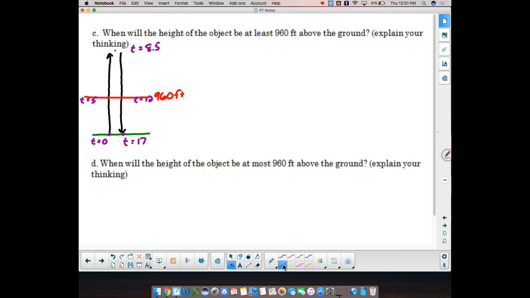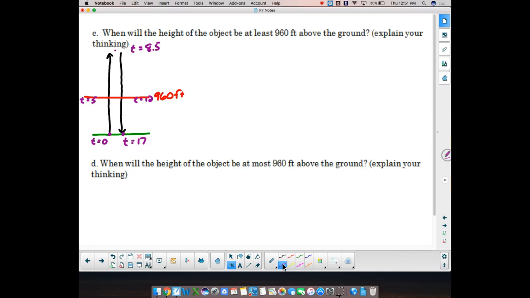We could have also said, well, it took 5 seconds for it to get up to 960 feet, right? Which means it's going to take 5 seconds for it to get down from 960 feet. Okay? So 5 added to 12 gets me that 17. Okay? Right? And then halfway between and halfway between and halfway between.